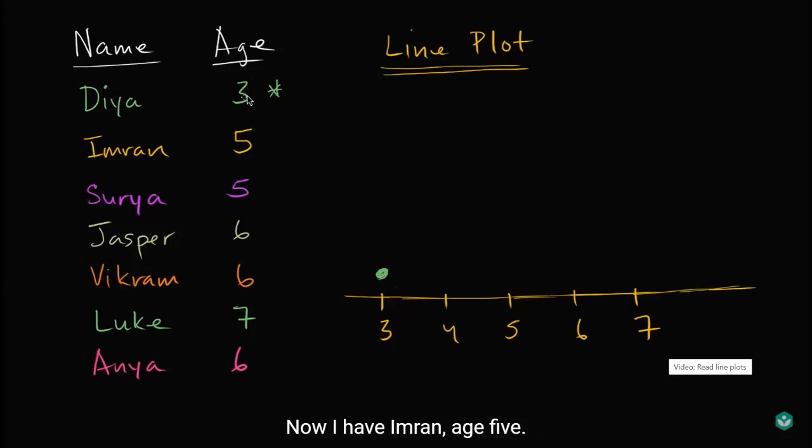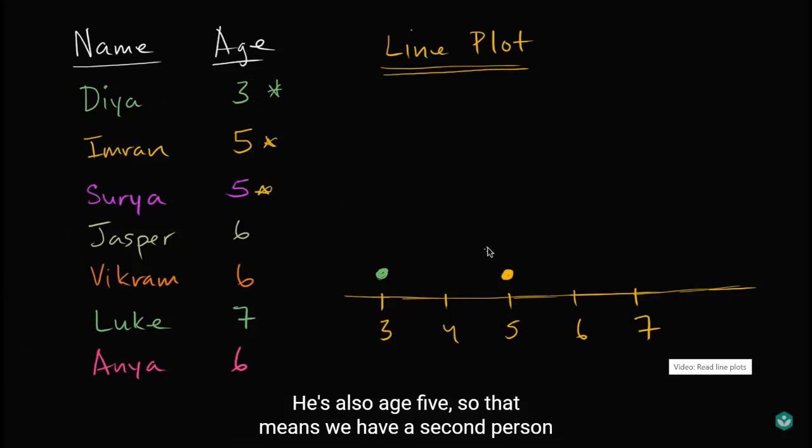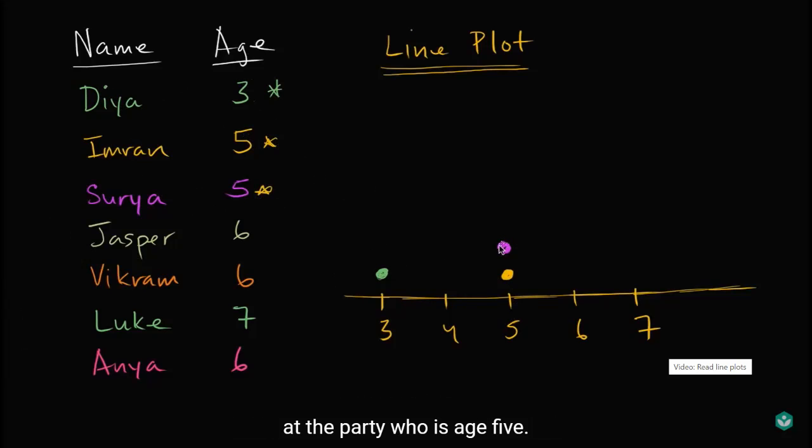Now I have Imran, age 5. So that's someone right over here who would be age 5. You could think of this dot as representing Imran, who's age 5. Then you have Surya, who's also age 5. So that means we have a second person at the party who is age 5. So under age 5, we now have 2 people. This is Imran, and this is Surya. Then you have Jasper, who is 6. So that's one person who is age 6.